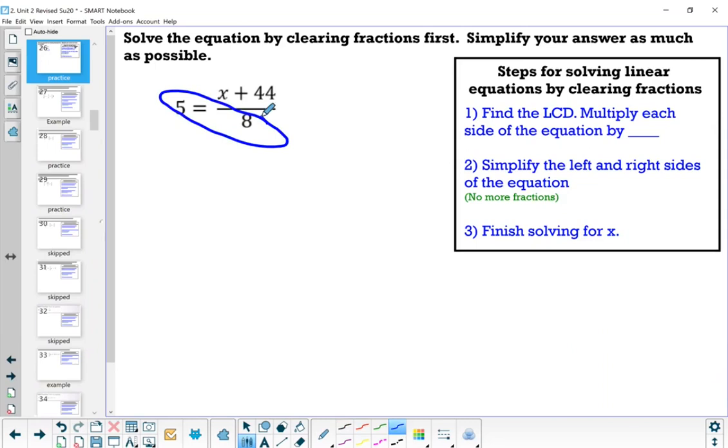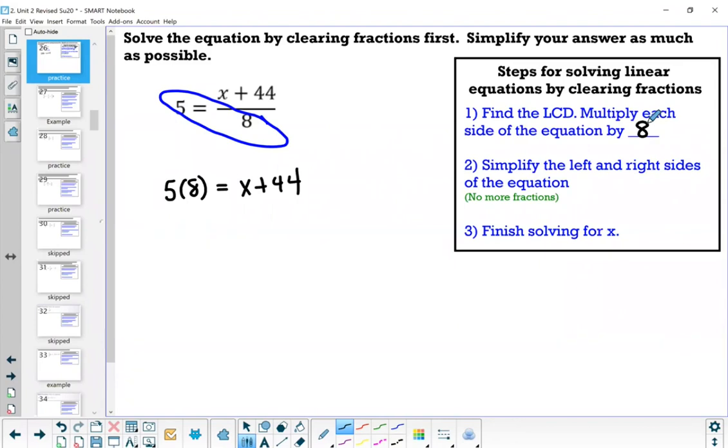That's essentially what we're doing. 5 times the 8 equals x plus 44, because our only denominator is 8. So essentially here, cross multiplying allows us to clear the fraction.